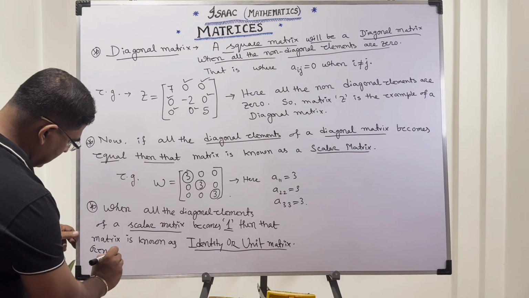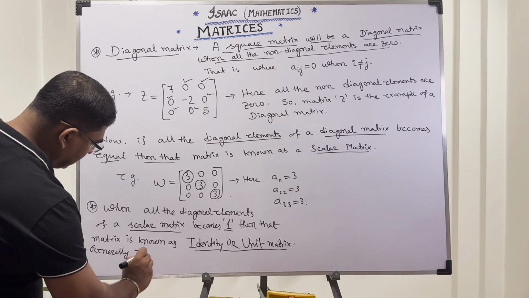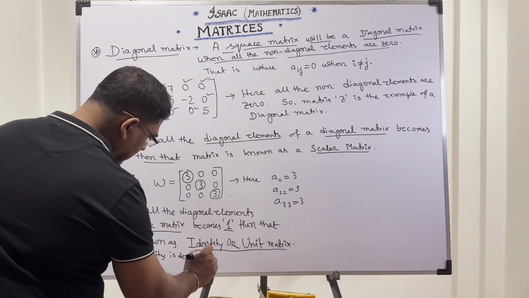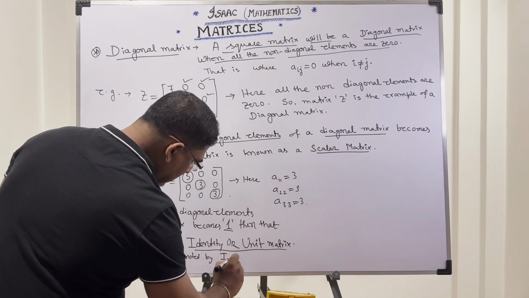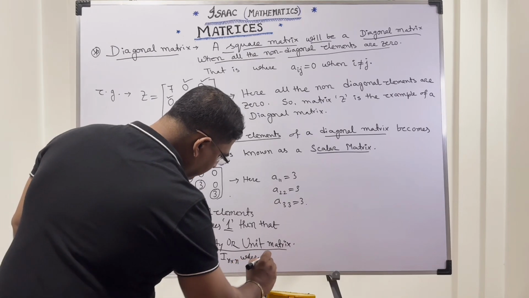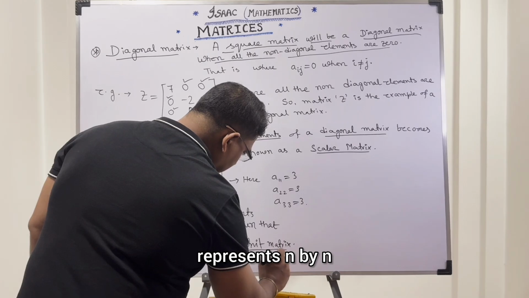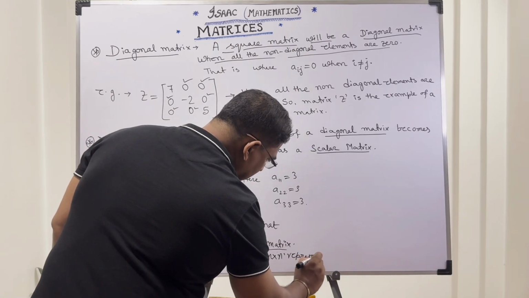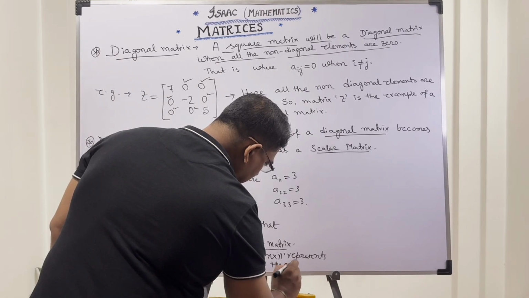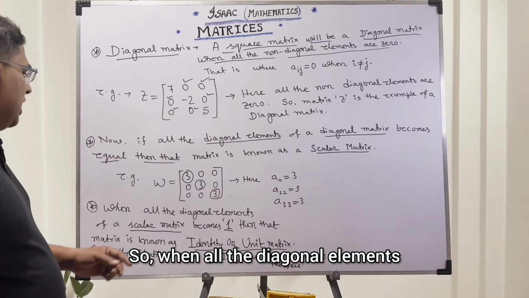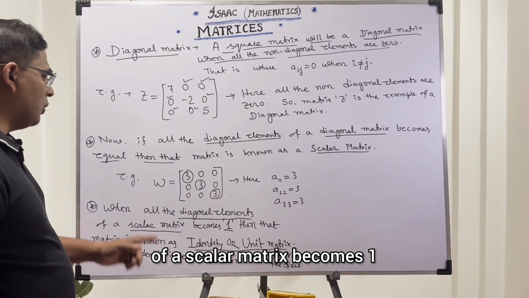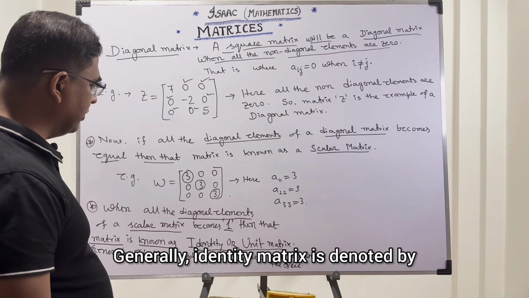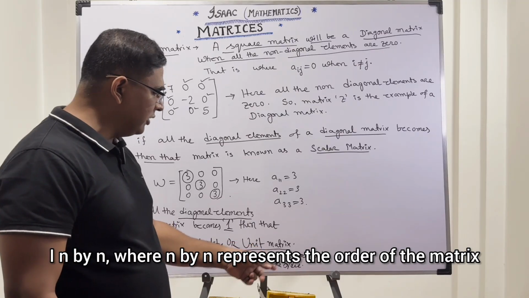Generally, identity matrix is denoted by I n by n, where n by n represents the order of the matrix.